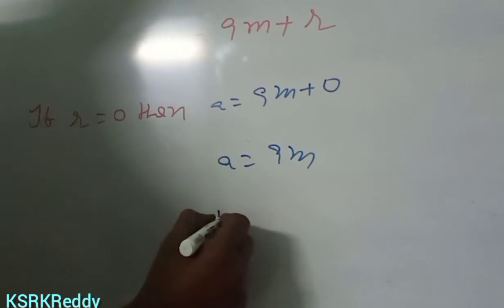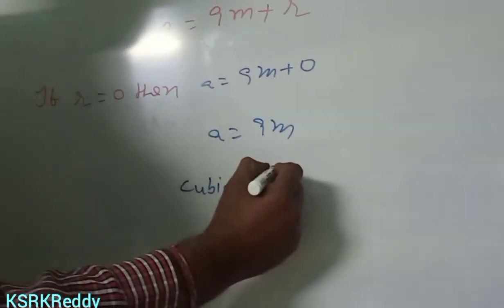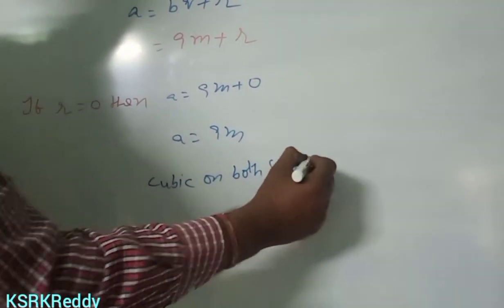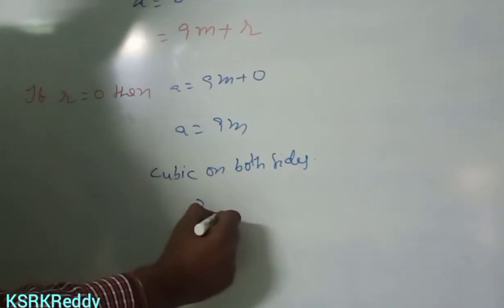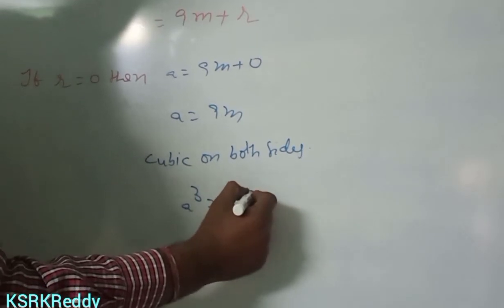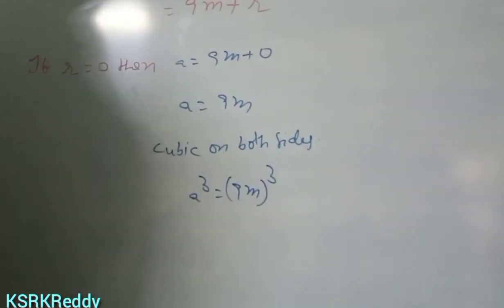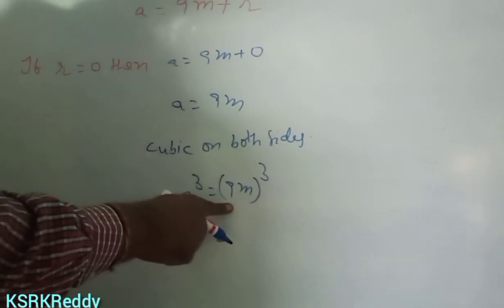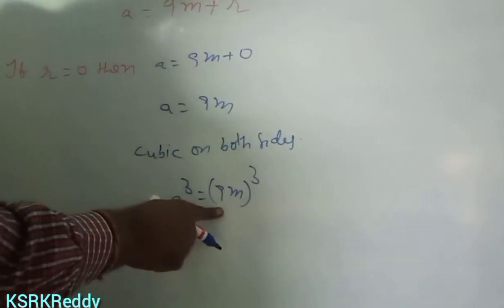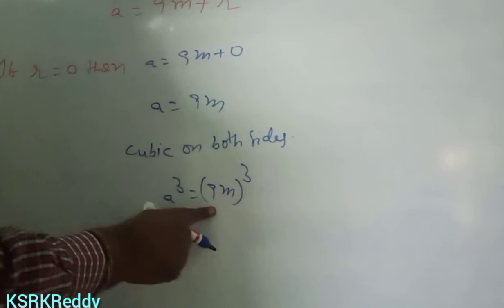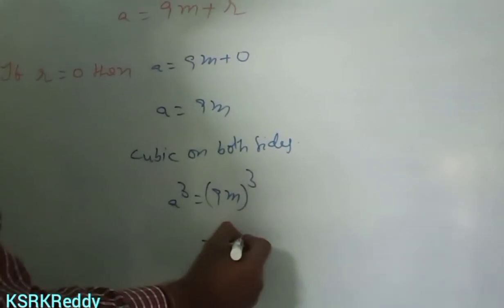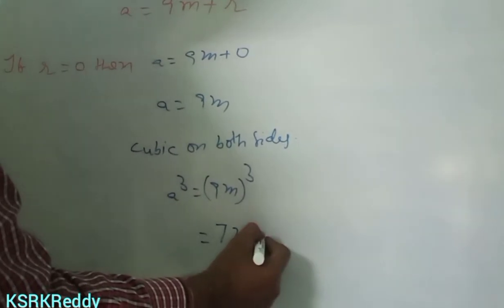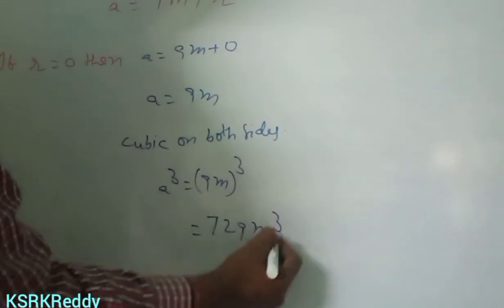Cubing on both sides, a cube is equal to (9m) whole cube. That is equal to 9 multiplied 3 times: 9 times 9 is 81, 81 times 9 is 729, so 729 m cube.